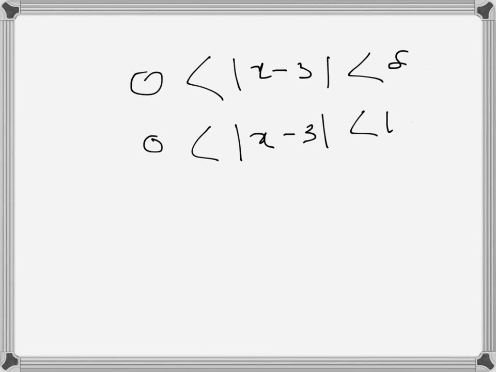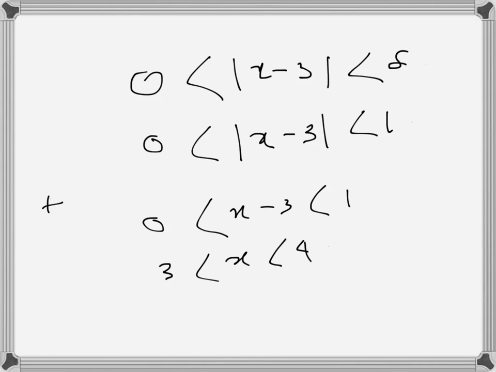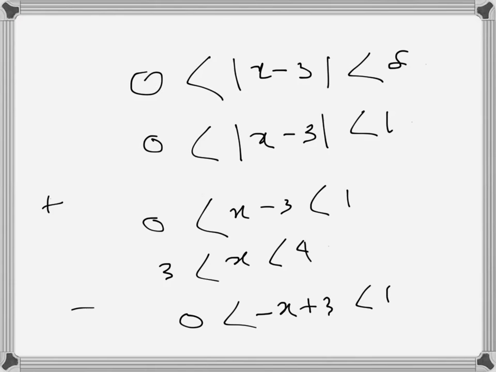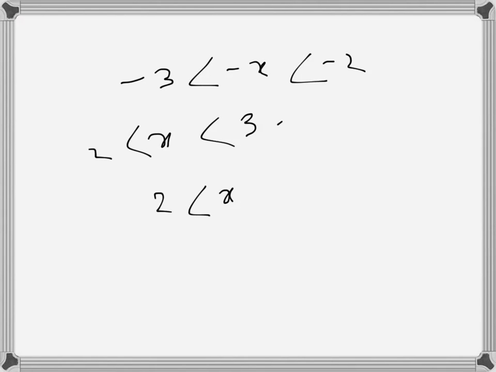Here it's a magnitude, so if we take the plus sign, then we get x minus 3 less than 1, so we get the domain of x to be between 3 and 4, and if we take the negative sign we get minus x plus 3 less than 1, so we get minus 3 minus x less than minus 2, so basically x is between 2 and 3. So together what we get is 2 to 4, so that's the domain of x.